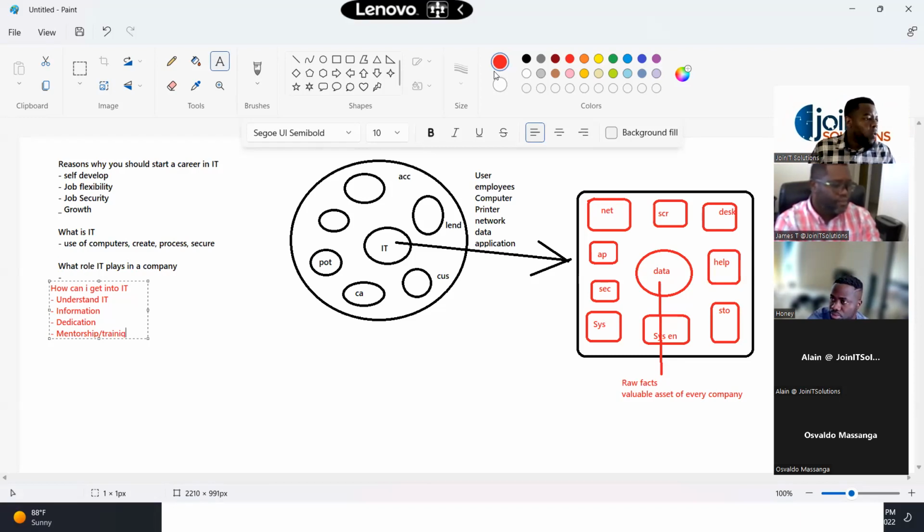The next thing that we look at is that people are scared to get into IT, right? And it takes us to our next thing, which is why most people are scared to start a career in IT.